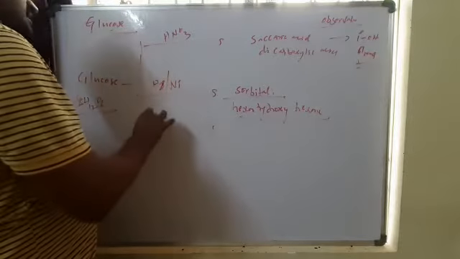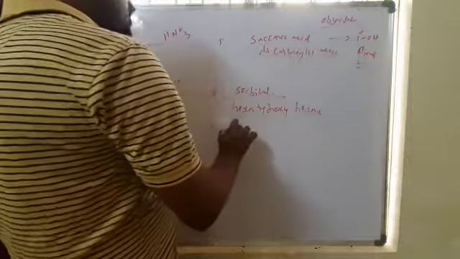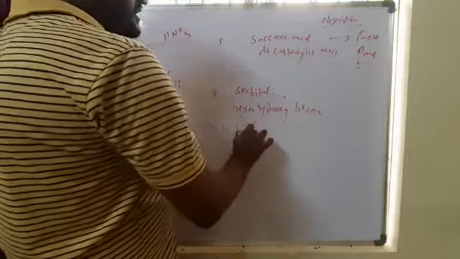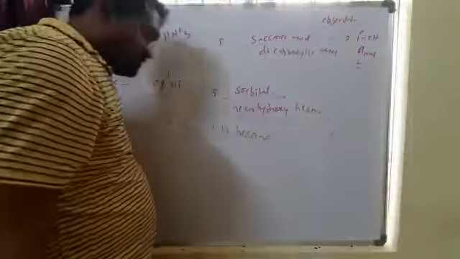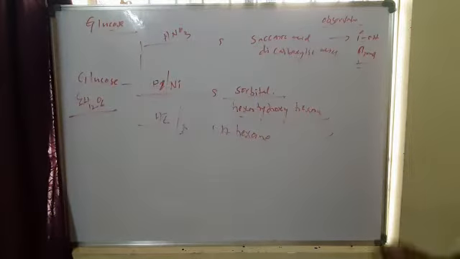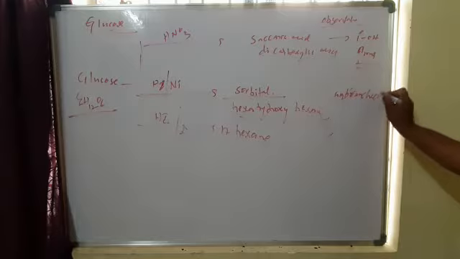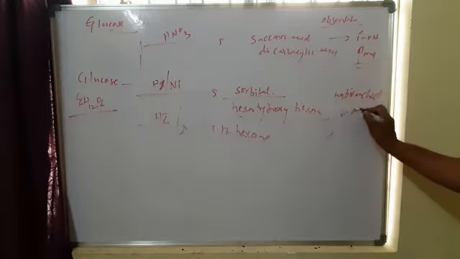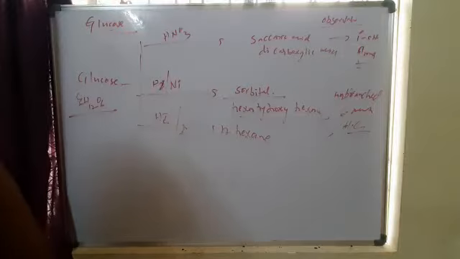Also, when it reacts with hydrogen iodide on strong heating, it gives n-hexane, a straight chain. Based on these two observations, we can identify that glucose is an unbranched, six-membered hydrocarbon chain.